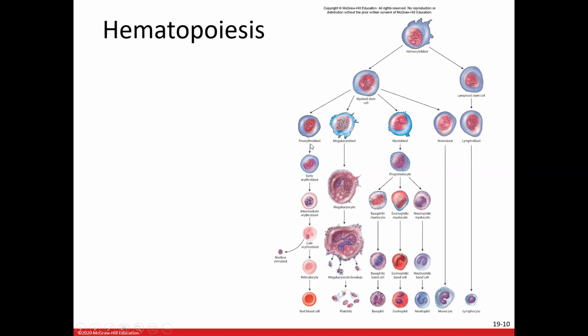So proerythroblast, megakaryoblast, myeloblast, monoblast, and lymphoblast. And those all correspond to red blood cell, the platelets, the granulocytes, which are the basophils, the eosinophils, and the neutrophils, and then your agranulocytes, which are your monocytes and your lymphocytes. So just know the precursor cells and what those precursor cells develop into.